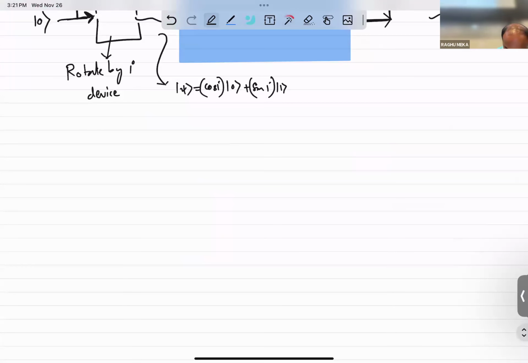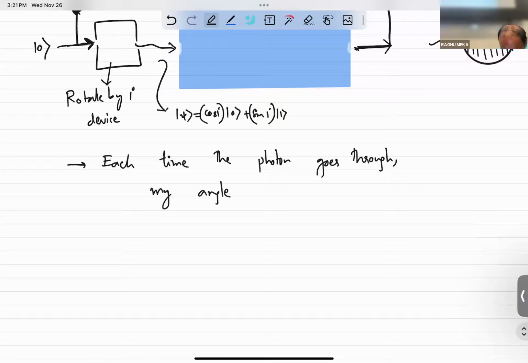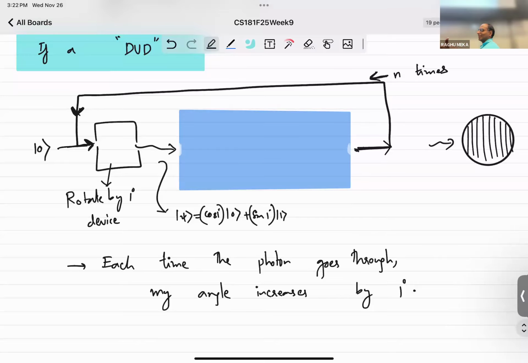So continuously, each time the photon goes through, my angle increases by 1 degree. The box is a dud, there's nothing happening in there. It comes in, gets rotated by 1 degree, goes straight through, gets rotated by 1 degree, and so on.